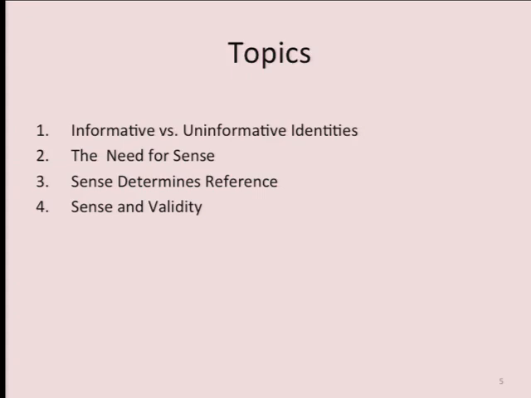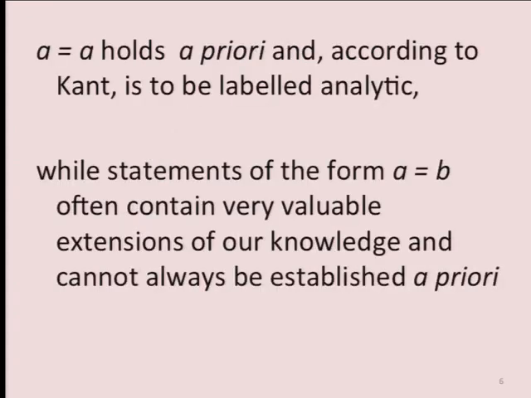So Frege starts out with a priori and analytic. A priori? What's a priori, class? Yes? Necessary truth statement. A priori is necessarily true. Anyone else? It can be known without experience. Anyone else?